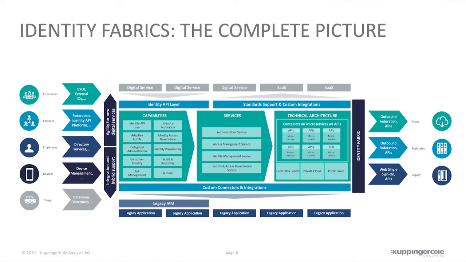That is the full picture of the identity fabrics. And having this in place enables you to have the enablement of digital services to the top and the integration of legacy systems, including a legacy IAM, if necessary, at the bottom of this graphics. So this is the vision that is behind that. There's much more around that on the KuppingerCole website. So if you're interested in that, and you should be, you can find that on our webpage.